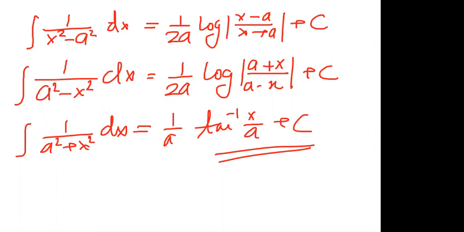Maybe in the future you will be getting 2 marks or 3 marks questions, but right now the questions we are talking about are 1 mark each. So only if we know these identities, you will be able to solve these questions. So our only task is to remember the identities. If you are able to remember the identities, you will be able to do these questions.